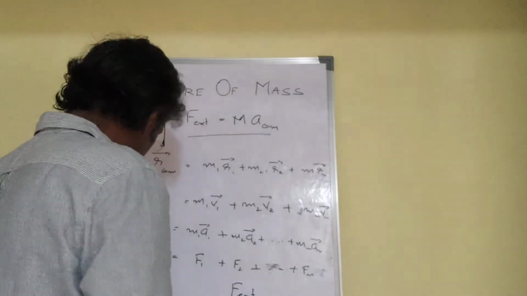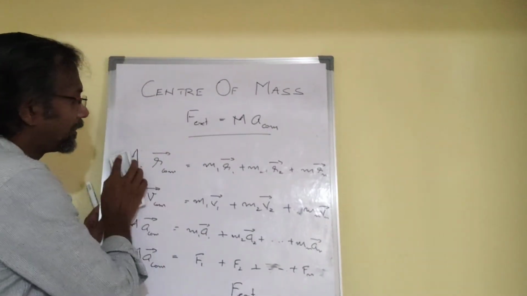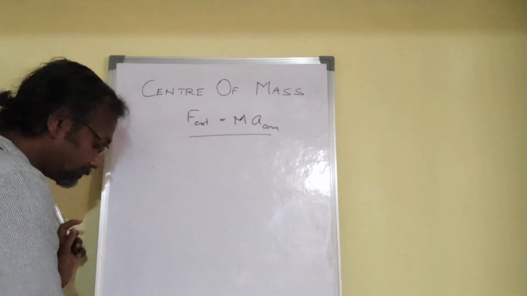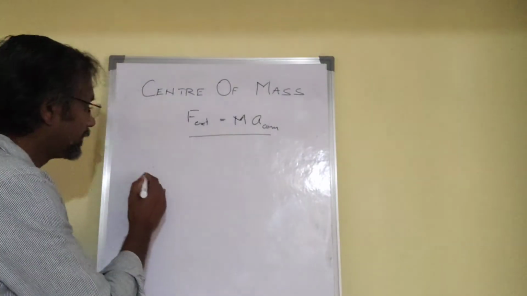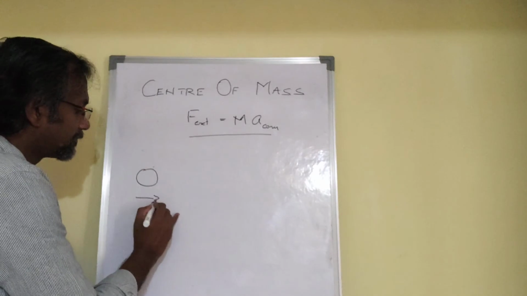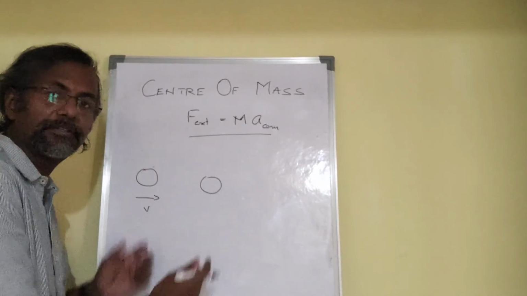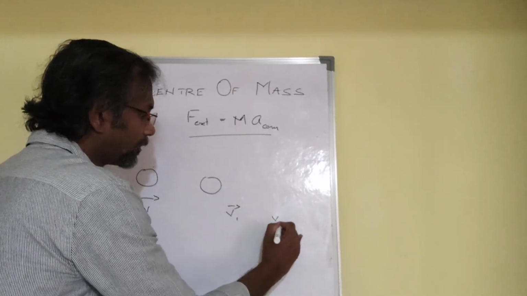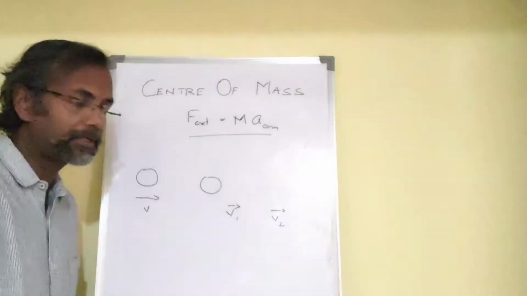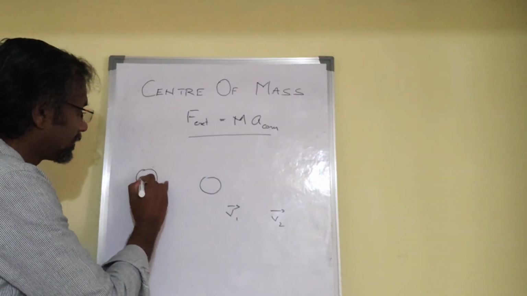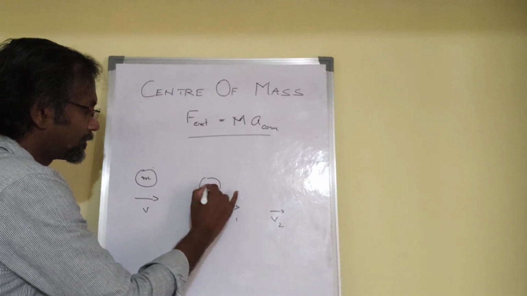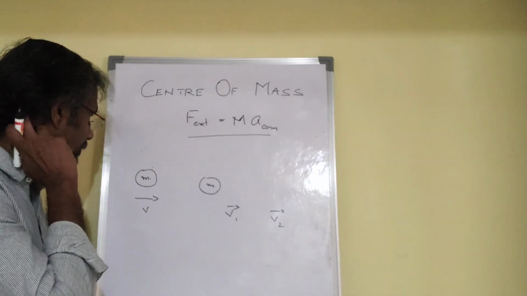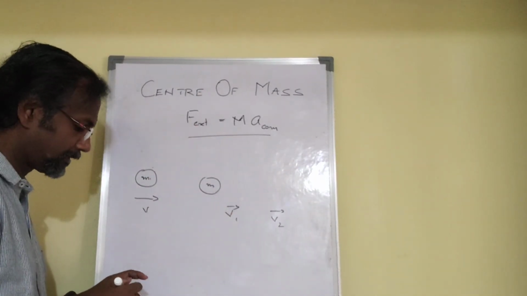I'll give you an example of what is really happening here. Let's just consider a billiard ball. A billiard ball starts off with a velocity v and hits another billiard ball, and a collision takes place, and then both of them move, the first with velocity v1 and the second with velocity v2. Both have mass m.